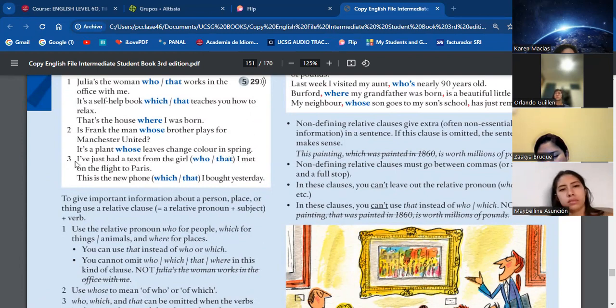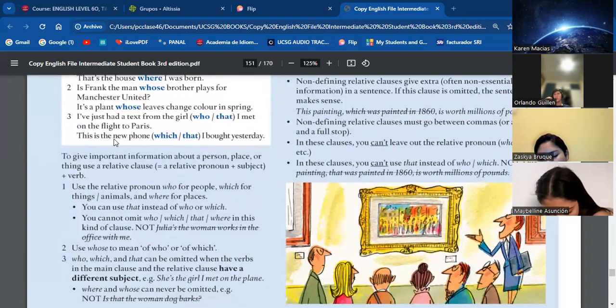The subject in the sentence is I, and then you have another subject, girl. Since it is not the same subject, you can omit it. It's not necessary. This is the phone which, what you're going to do is omit it. So this is the new phone I bought yesterday. New phone and I: you have different subjects. That's what they refer to.